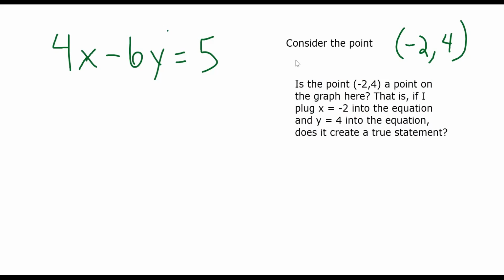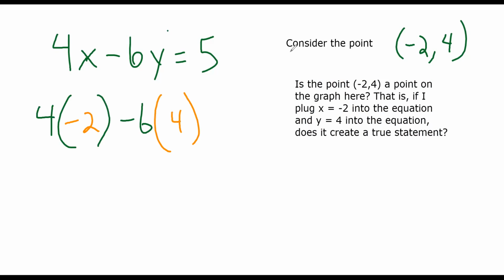Well, let's find out. We'll do 4 times, we're plugging -2 in for x, minus 6 times, we're plugging a +4 in for y.